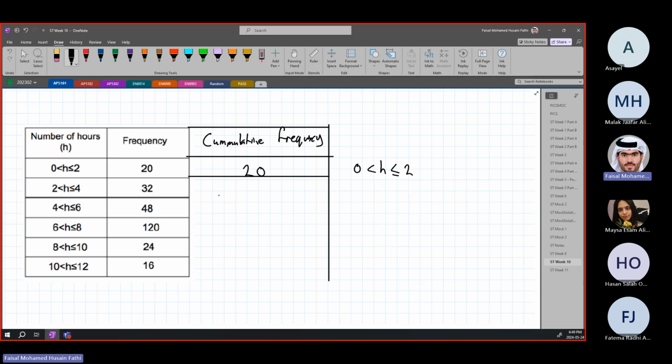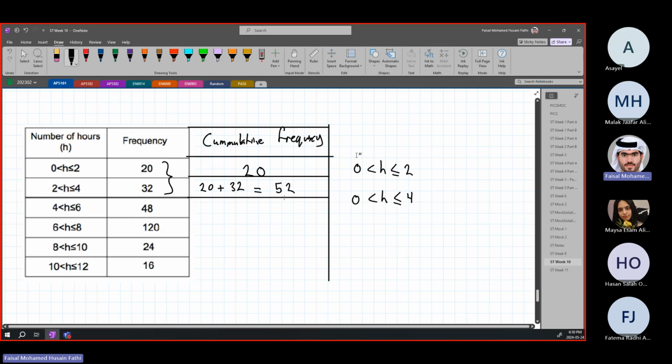The next one, we are not looking from 2 to 4. We are looking from 0 all the way to 4. This is what is meant by cumulative frequency. So for the next one, we are going to do 20 plus 32, because we are looking at this entire part. So 20 plus 32, which is going to give us 52.